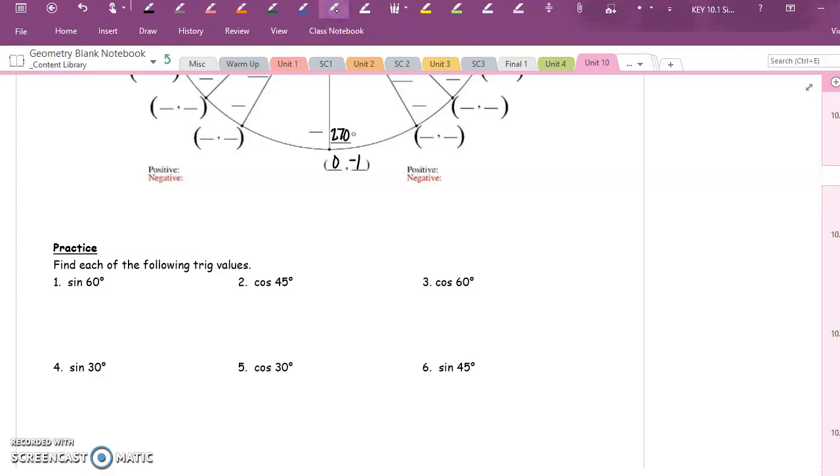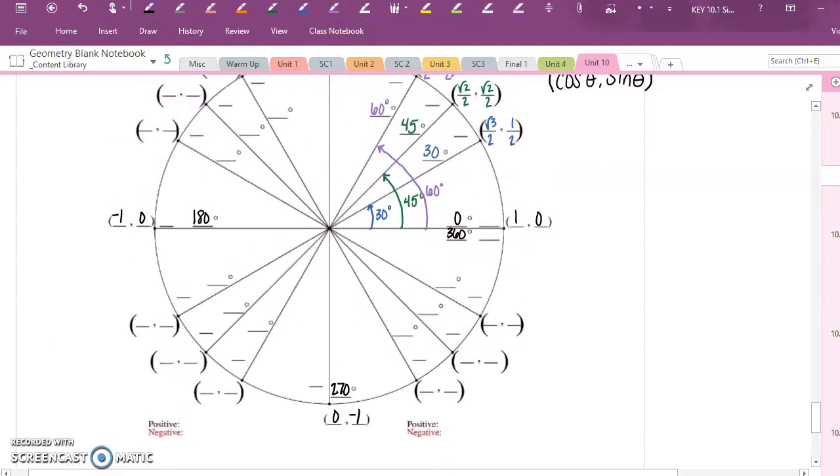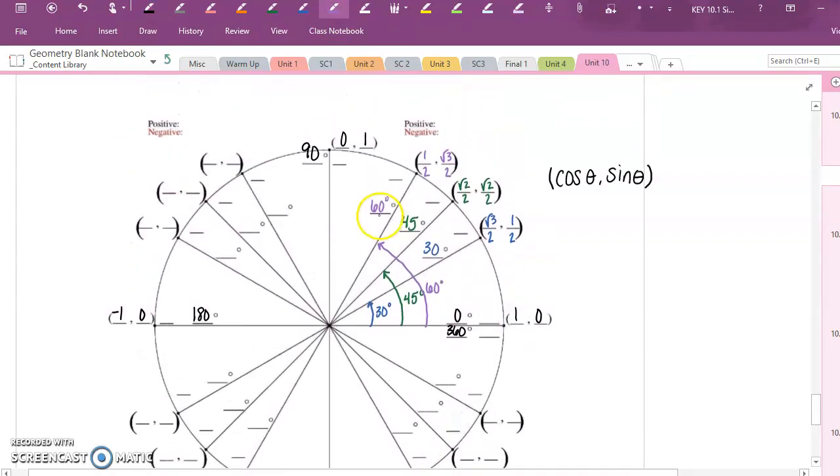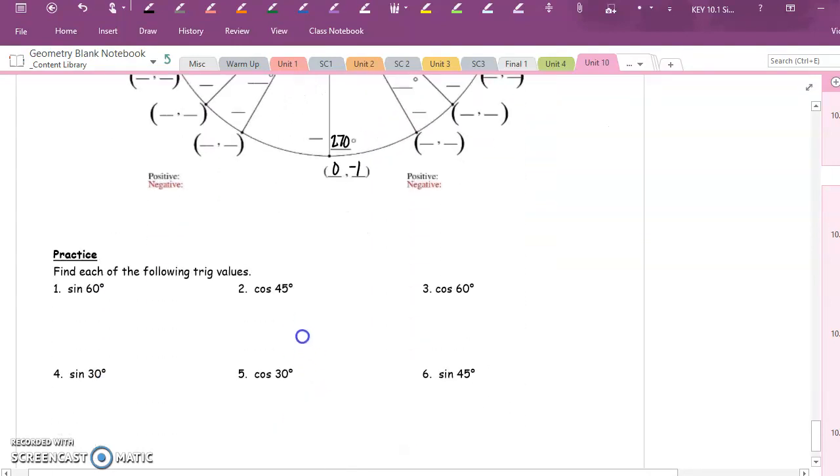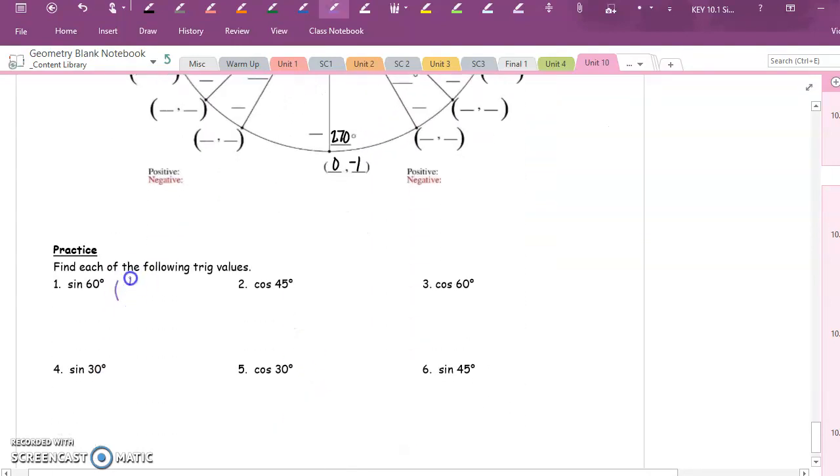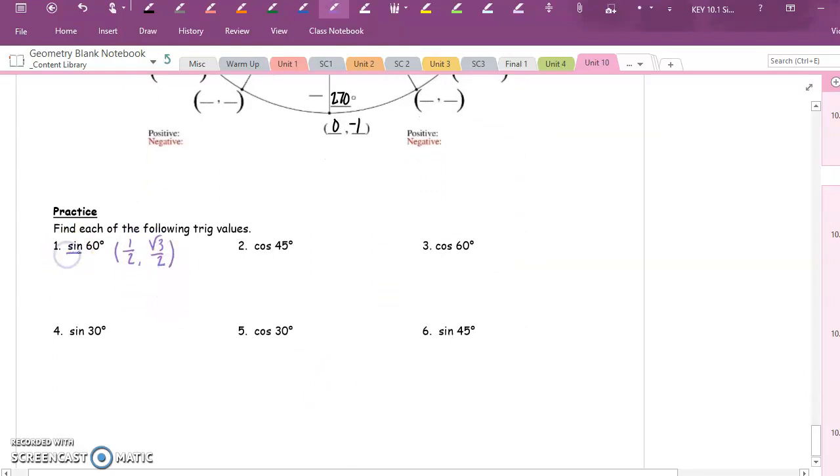Starting with the sine of 60 degrees. I'm going to scroll on up. For 60 degrees, we have this ordered pair of 1/2 comma square root 3 over 2. I'm going to write that down. Now, because it says the sine of 60 degrees, sine is the second one. So therefore, my answer is square root 3 over 2.